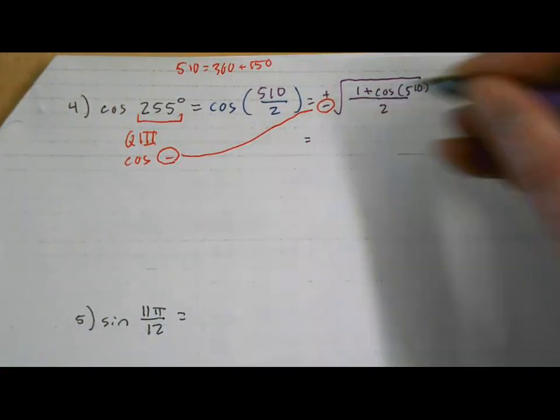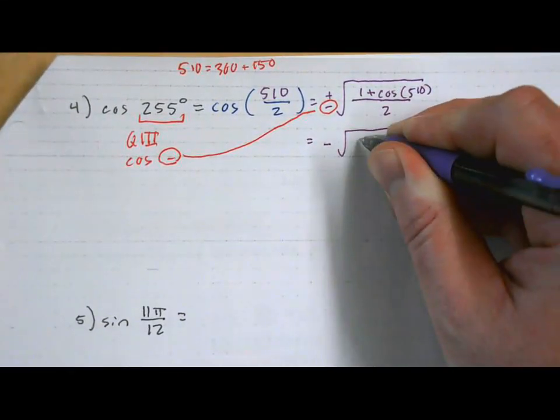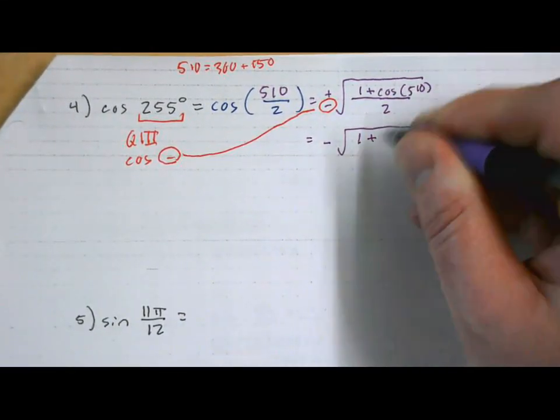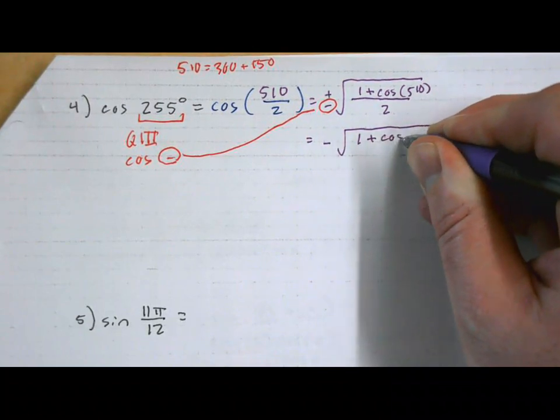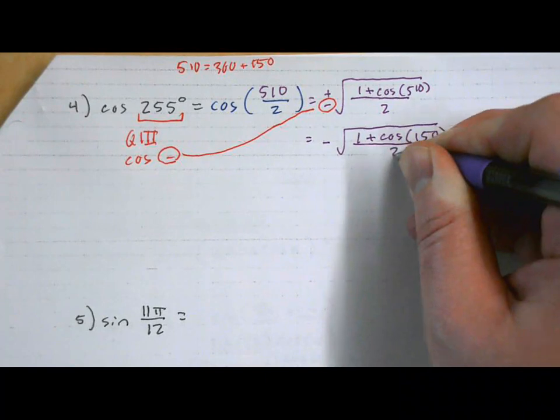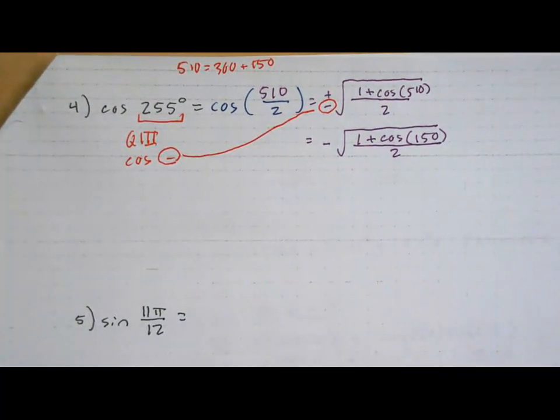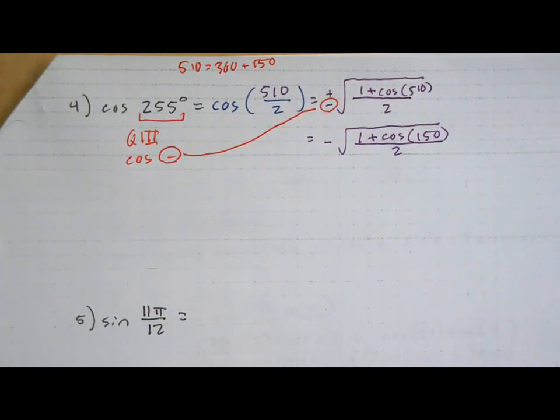And then in my next step, I'm going to change that because the cosine of 510 is the same as the cosine of 150. Agreed? We learned that very first thing in chapter 4. Why do they have the same value of cosine? Because they are coterminal angles. Coterminal angles are angles that are multiples of 360 apart.